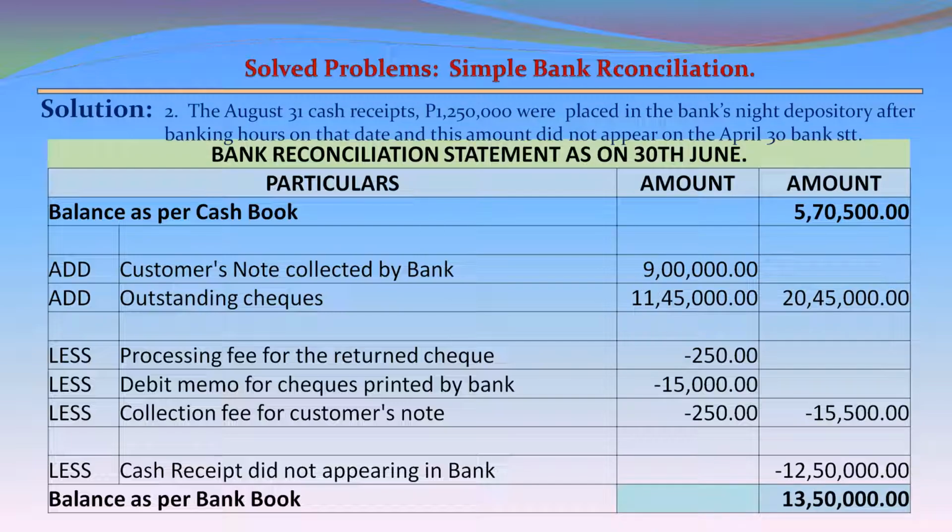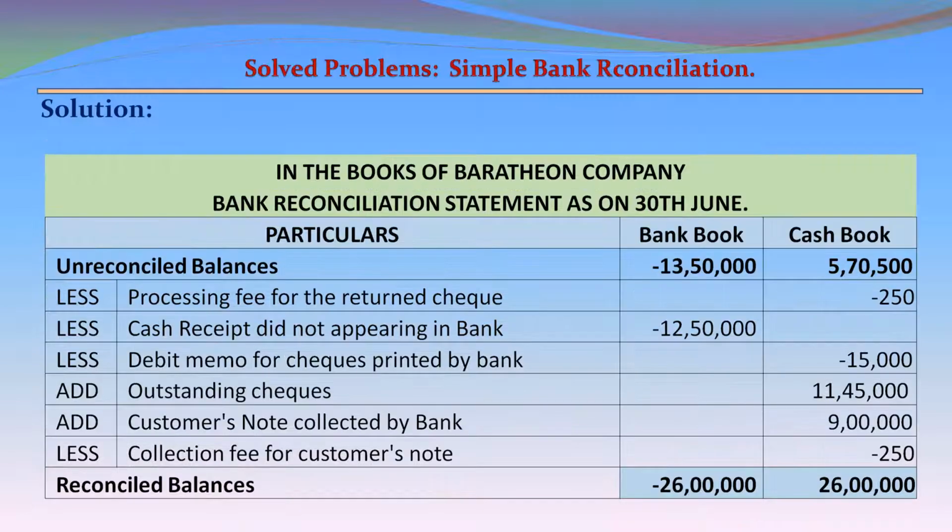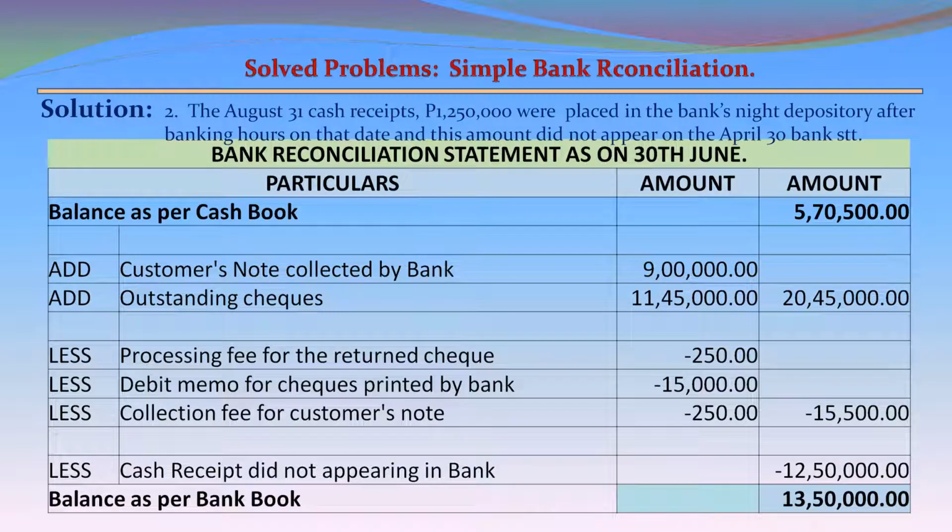When we total the amount column as per cash book, it is coming to 1,350,000 debit. This is the reconciliation statement to find out the reconciled balances of bank book and cash book after the adjustments are over. This is the reconciliation statement to find out bank balance with the cash balance after duly adjustments were made.